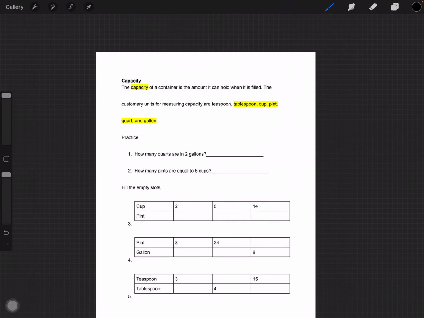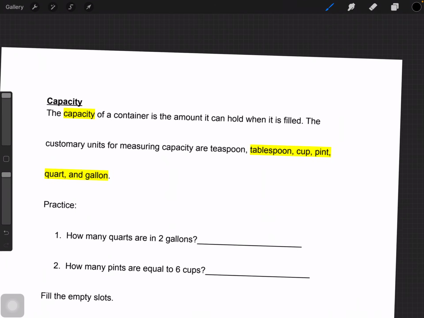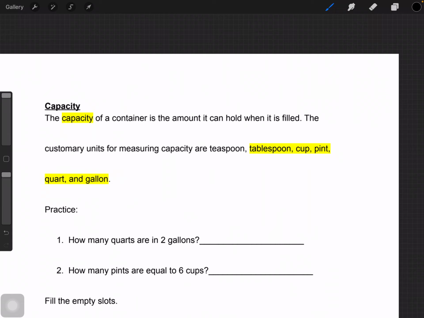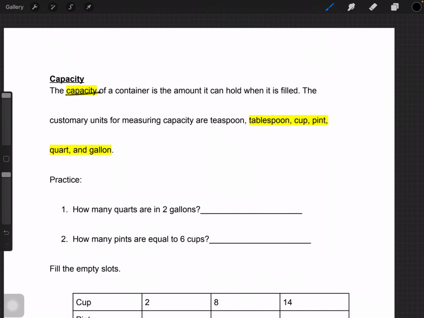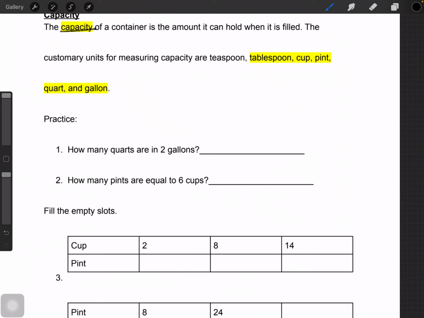move on to the second worksheet, which says capacity. Capacity of a container is the amount it can hold when it is filled. The customary units for measuring capacity are teaspoon, tablespoon, cup, pint, quart, and gallon. So, for cup, pint, quart, and gallon, it says how many quarts are in 2 gallons.